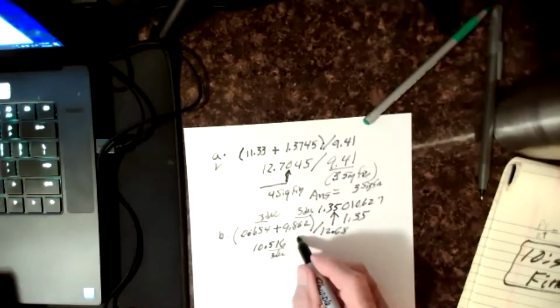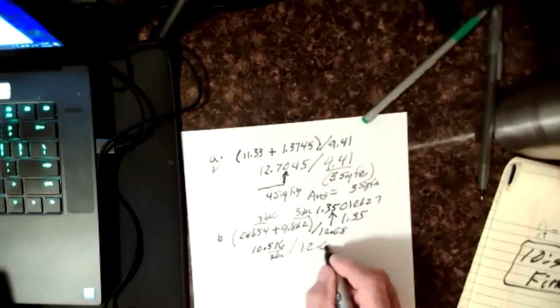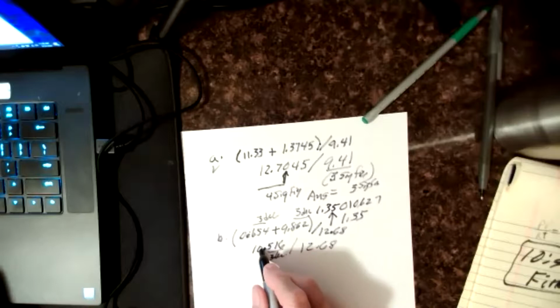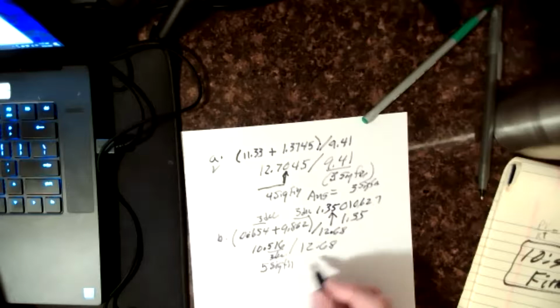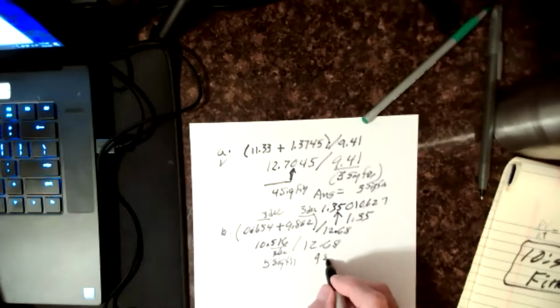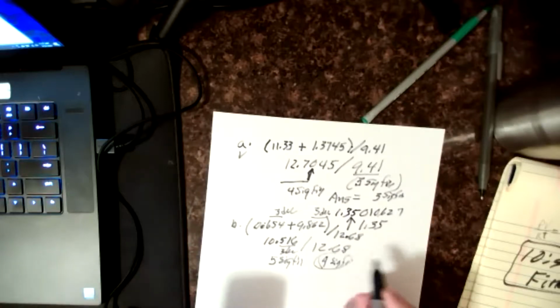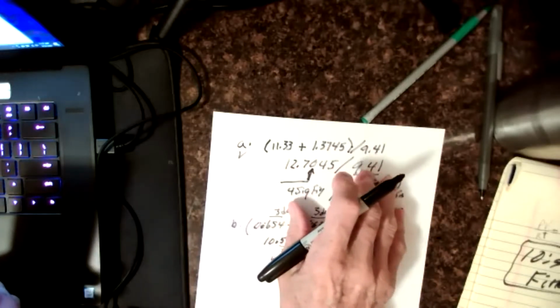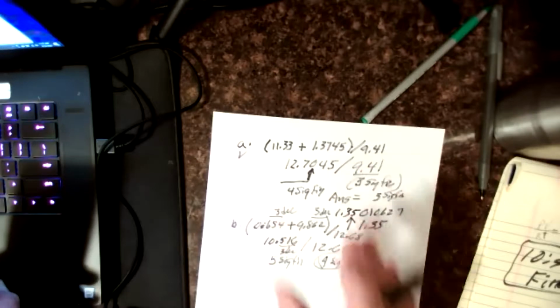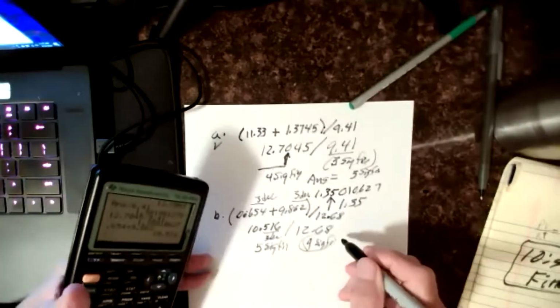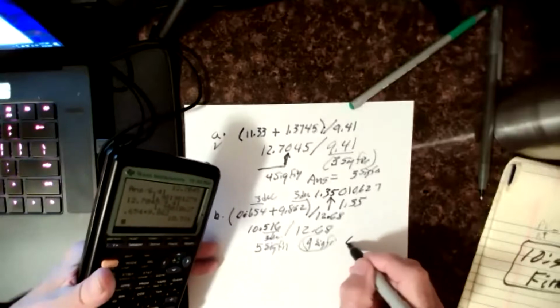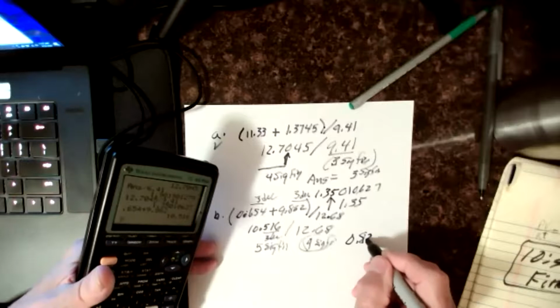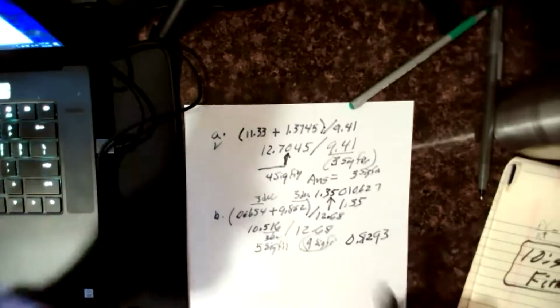If I'm going to do a division now by 12.68, this has 1, 2, 3, 4 sig figs, and the other has 5 sig figs. The answer should have 4 sig figs. The answer shown is 0.8293. Let's see if that's what I get.